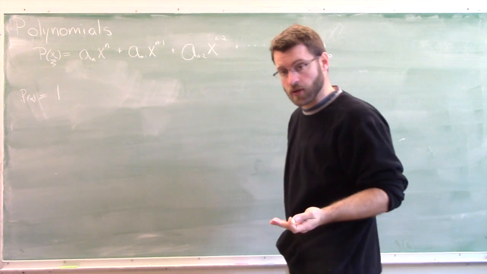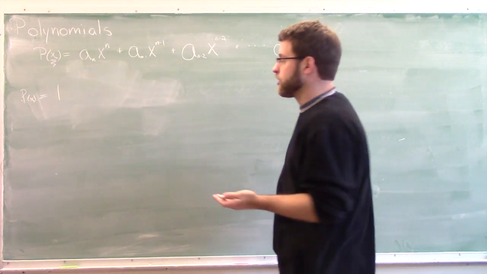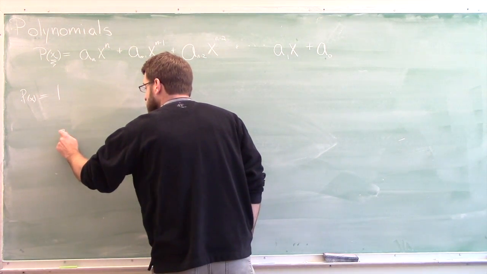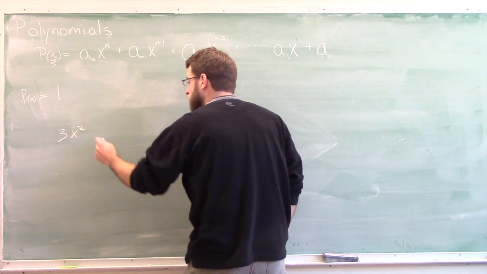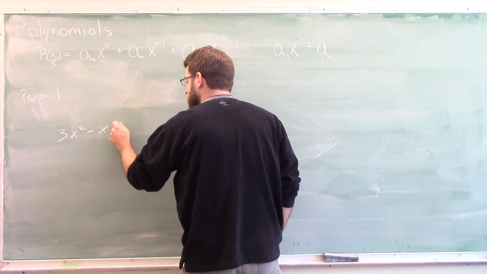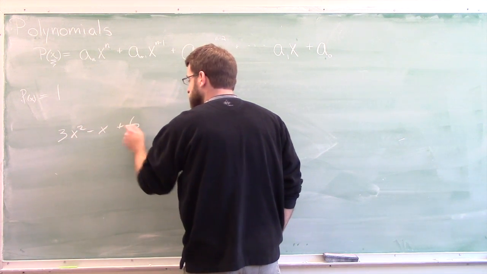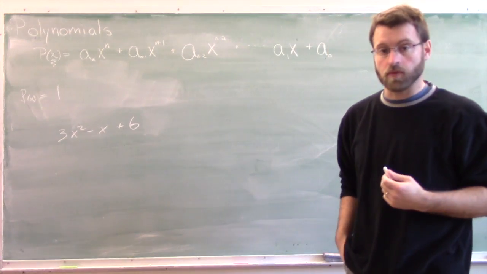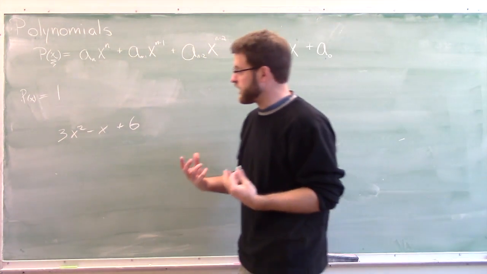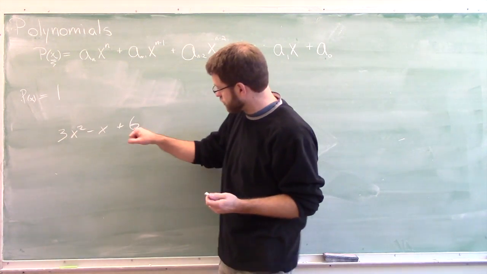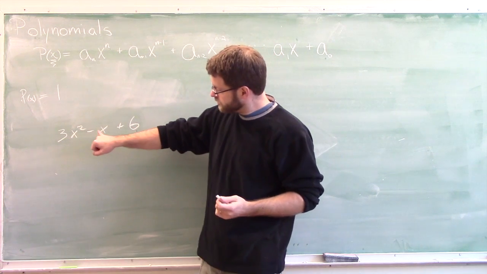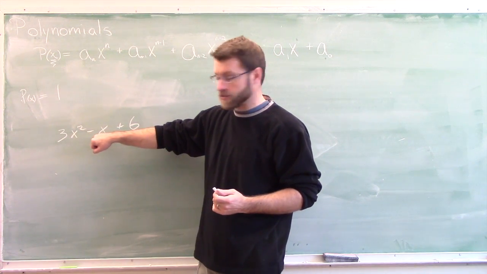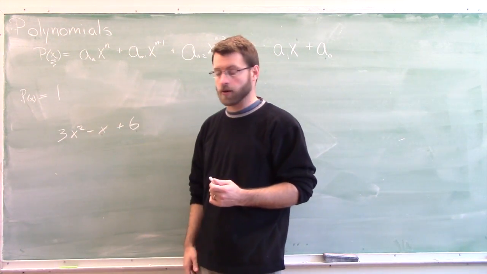It's not a very interesting one, but it does qualify as a polynomial. Another example might be 3x squared minus x plus 6. That's an example of a polynomial function. In this case, it has 3 terms. It has the constant term 6, the term negative x, and the term 3x squared.